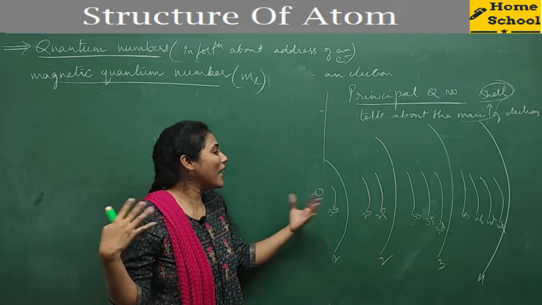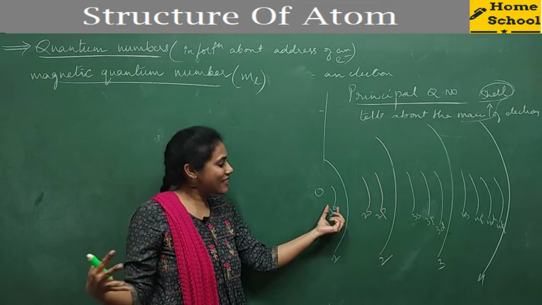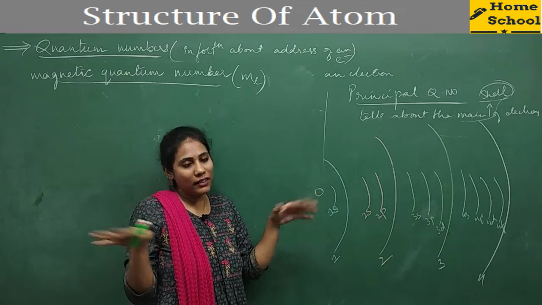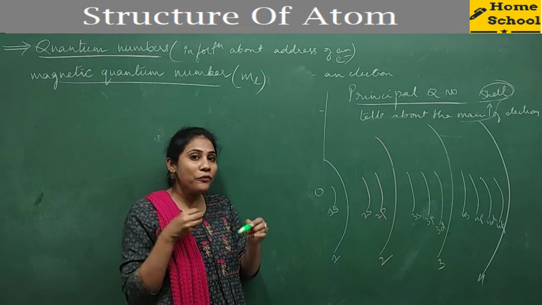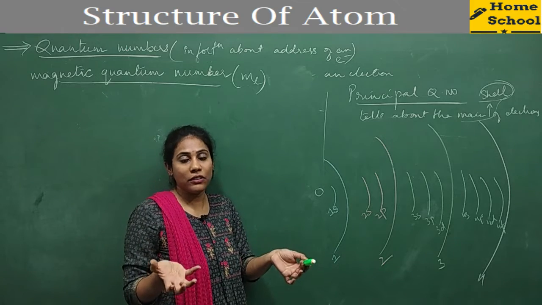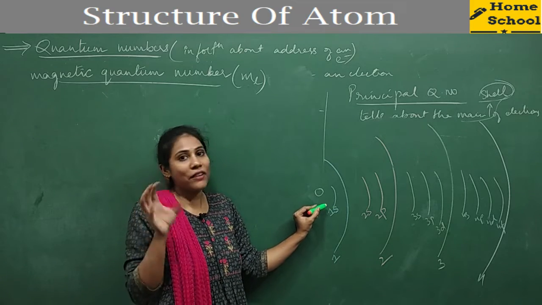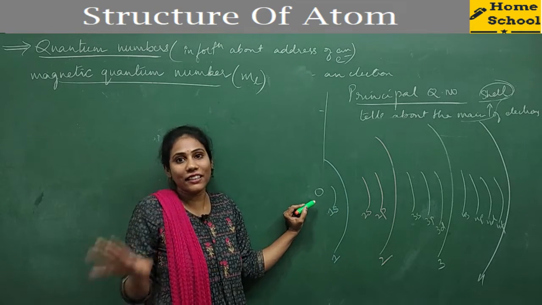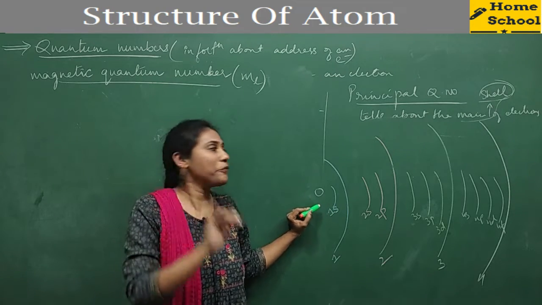So we have come to the streets. These are like districts, and each district will have certain towns. We people live inside a town, so we have come to the final stage, the town part, where exactly the electron is staying. Fine.